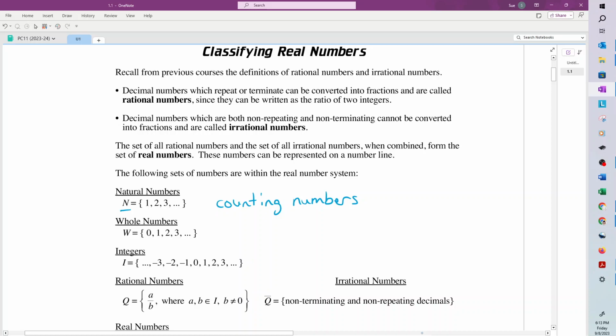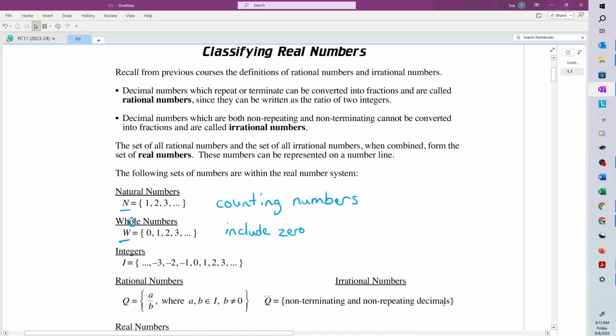The second group of numbers is the whole numbers, and those are basically all of the counting numbers, and then you include 0. So the natural numbers do not include 0, the whole numbers do. I remember the difference between them because whole has a 0 or an O in the middle of it, so that's how I remember it.